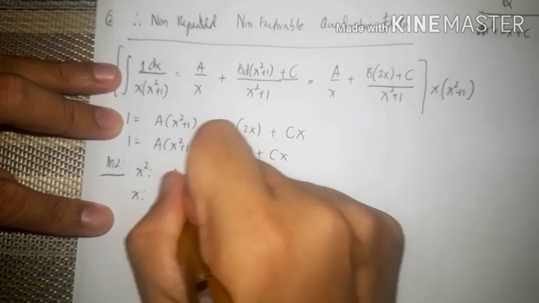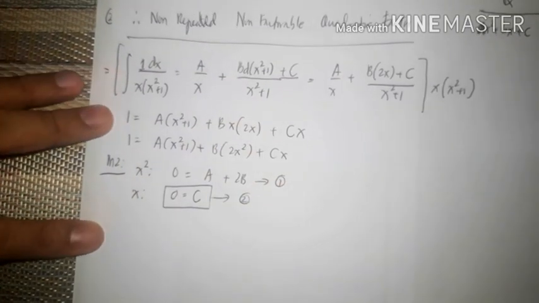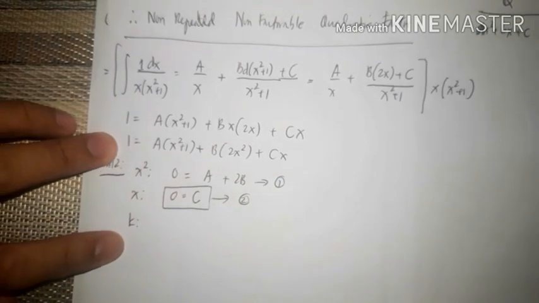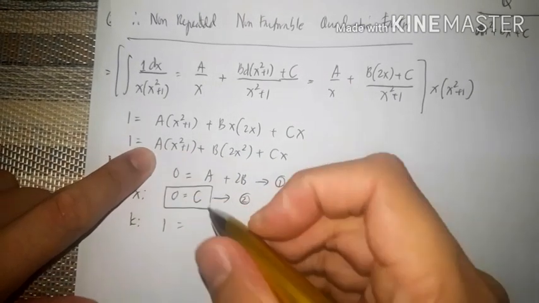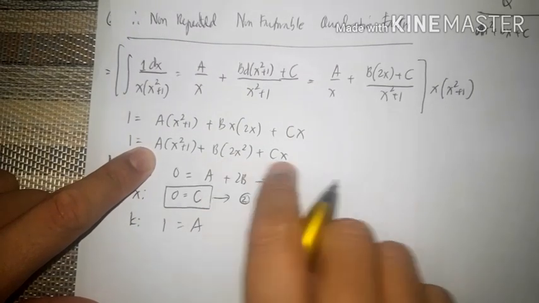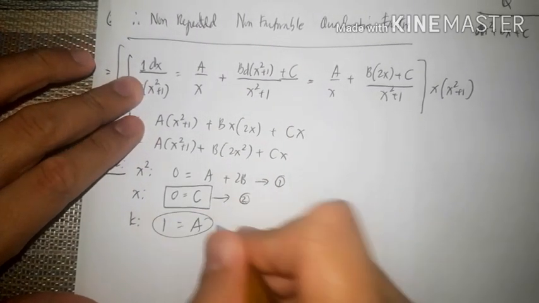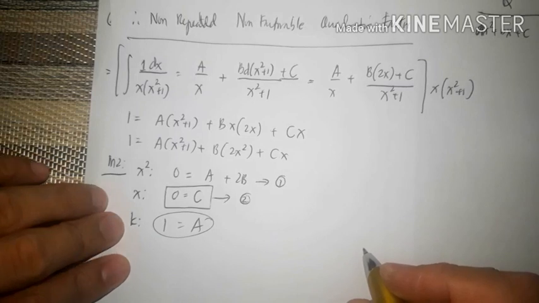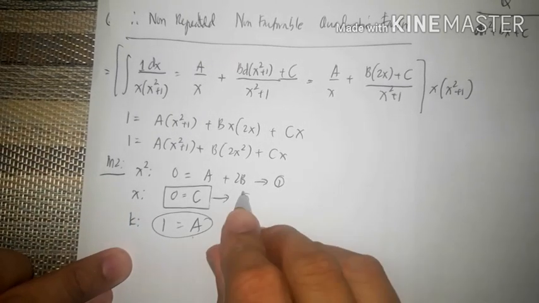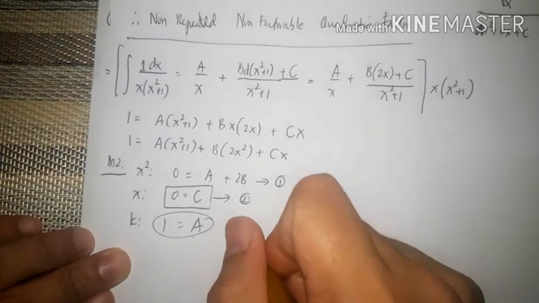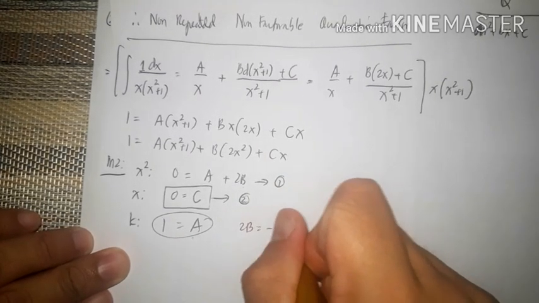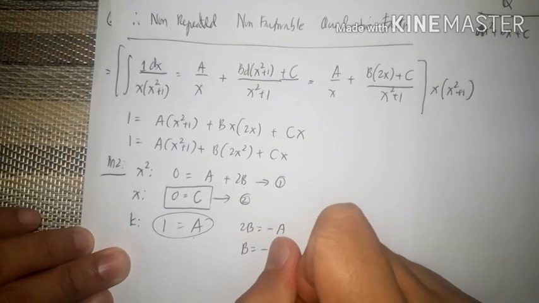Equation 2. So therefore, c is 0. And then for constant, you have 1 is equal to a times 1 is a, wala kay b, wala kay c. Then a is equal to 1. Since a is 1, you can use this equation 1 to solve for the value of b. Since 2b is equal to negative a, then b is negative 1 half.